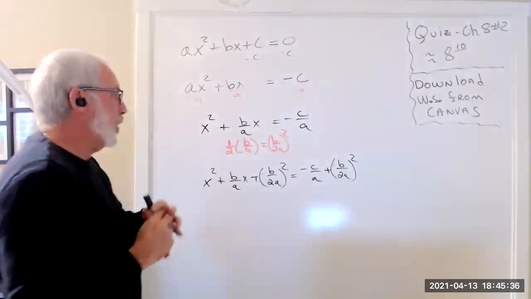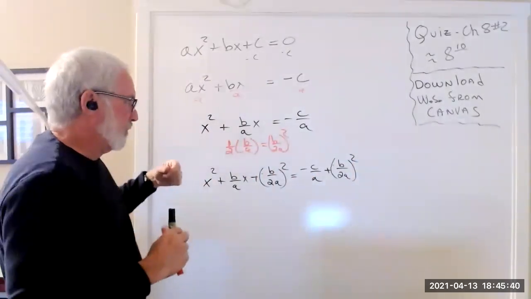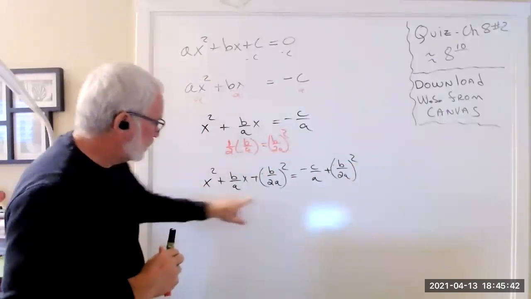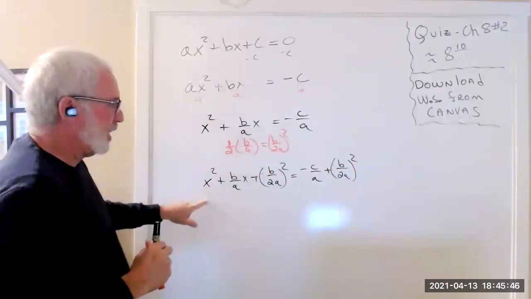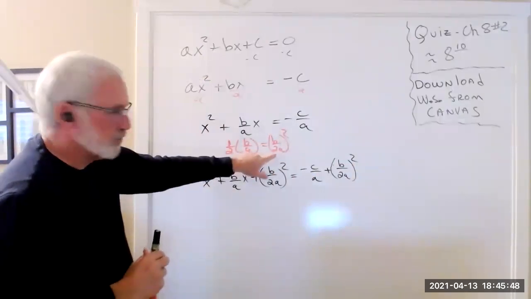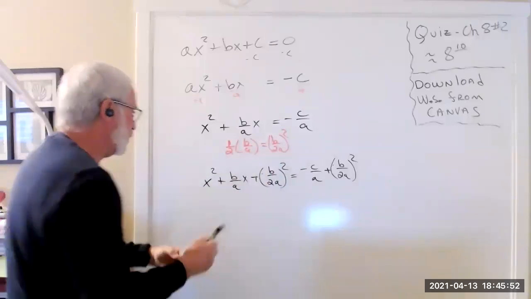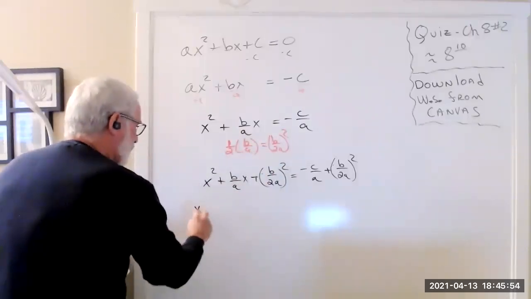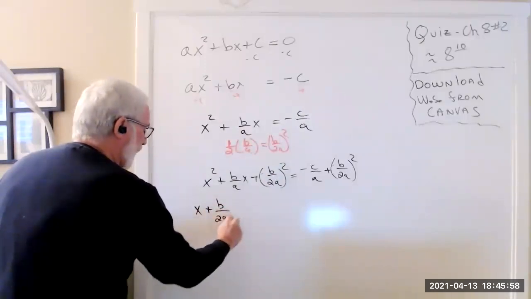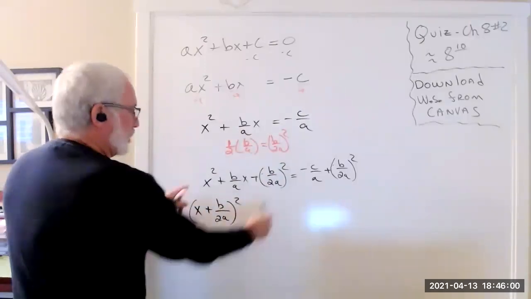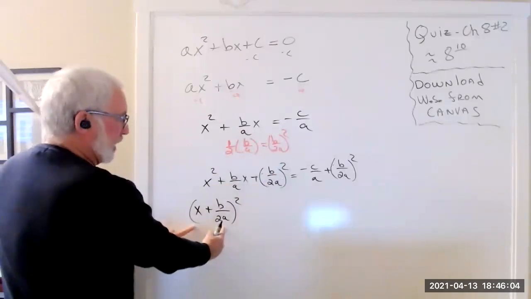Now, one of the things about completing the square was, in order to factor this, we didn't have to think much. We just use that quantity. So this will become x plus b over 2a quantity squared. This will factor into this, and you don't have to think about it.